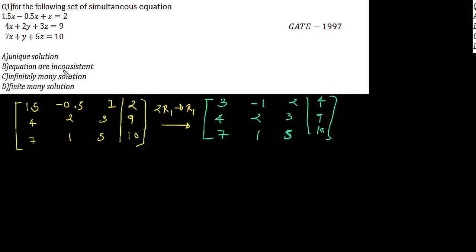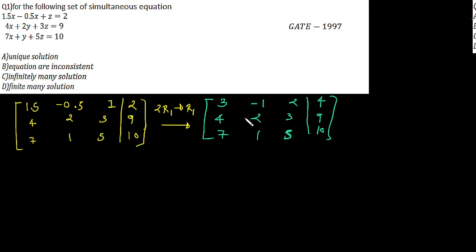So now we have to apply a further row operation. First of all, look at this last row. We have 7 as the first entry, and if we add these two numbers, 3 plus 4, we get 7. In the same manner, for the second entry in the last row we have 1, and again adding these two gives 1. Then we have 5, and again the sum of these two is 5.